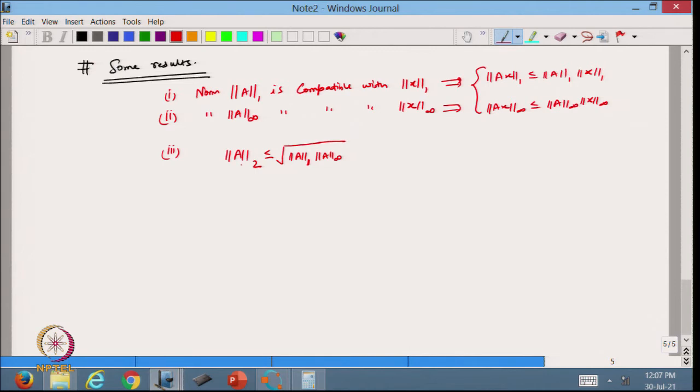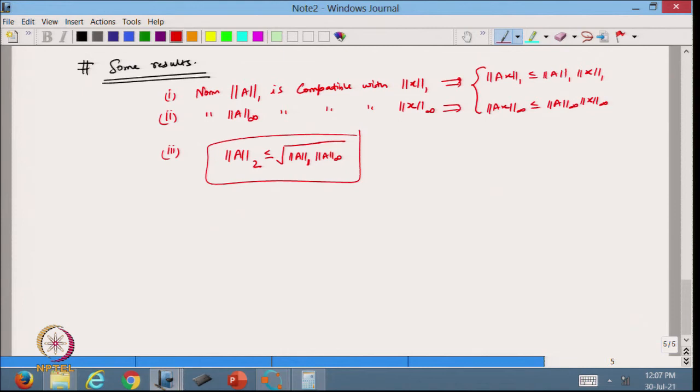So, the 2 norm always satisfies this condition, and you can see that it is a type of geometric mean of norm 1 and infinity. So, this is also one of the conditions we can keep in mind.